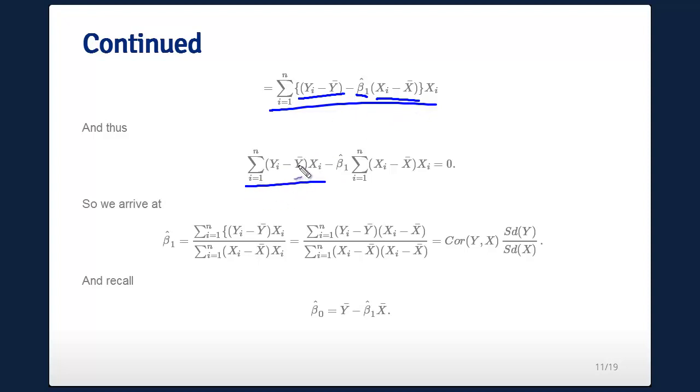We get summation yi minus y bar times xi minus beta 1 summation xi minus x bar times xi equals 0. Beta 1 is what we want to solve for. We just solve and we get this guy right here. Beta 1 hat is the summation of yi minus y bar times xi divided by the summation of xi minus x bar times xi.